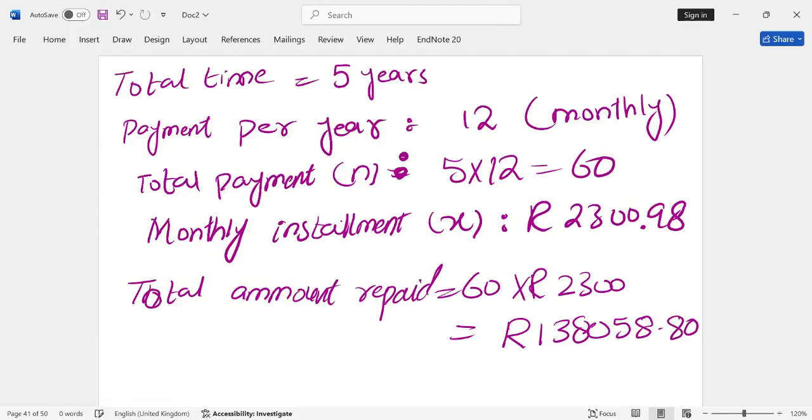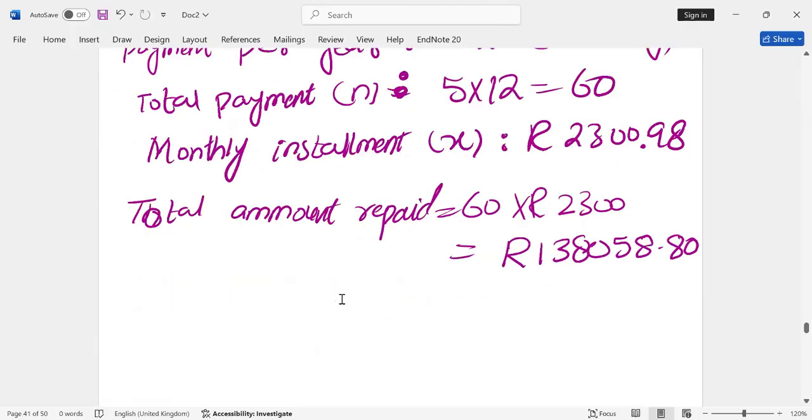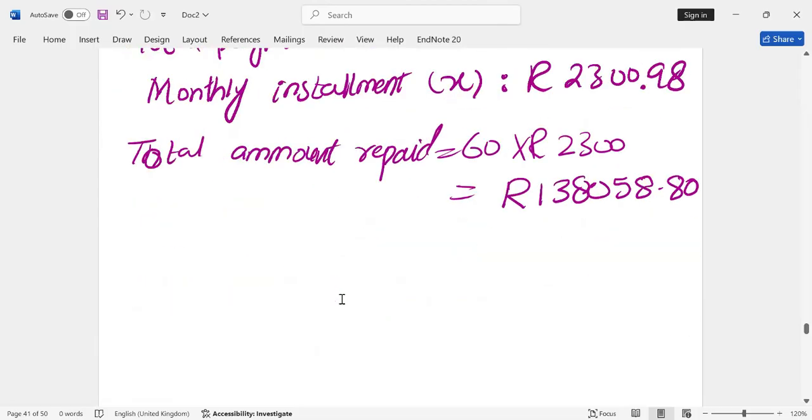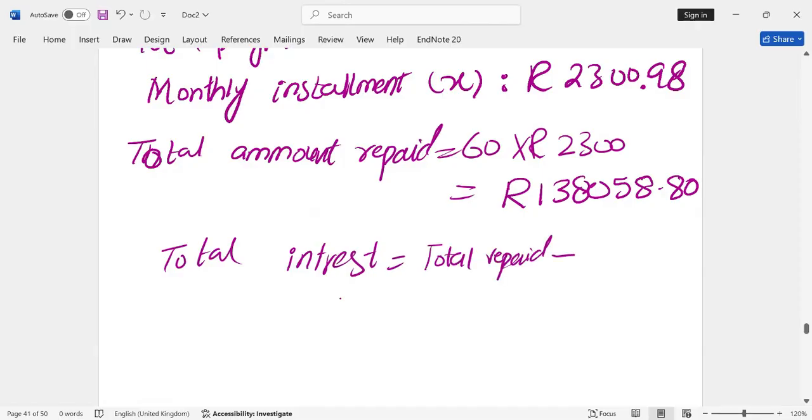Now, what is the total interest? We have to find out the total interest. So total interest equals total repaid minus loan amount.